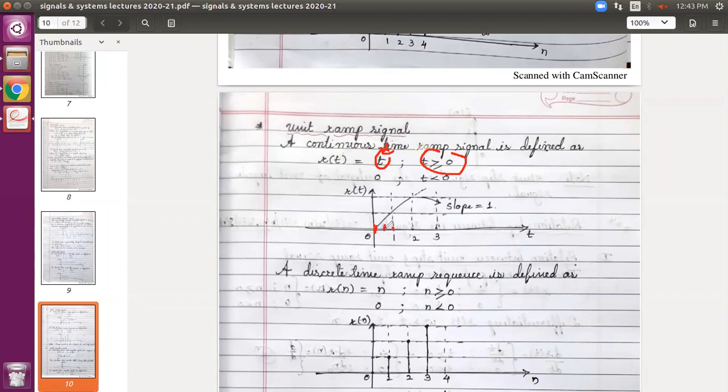You can take 0.5, say, because it is a continuous time signal, you will get amplitude at all the points. So for simplicity, I have taken here 1. If you take t equal to 1, the amplitude is 1, somewhere here. What I'll do, I'll show you here. This is your time. This is your r of t.